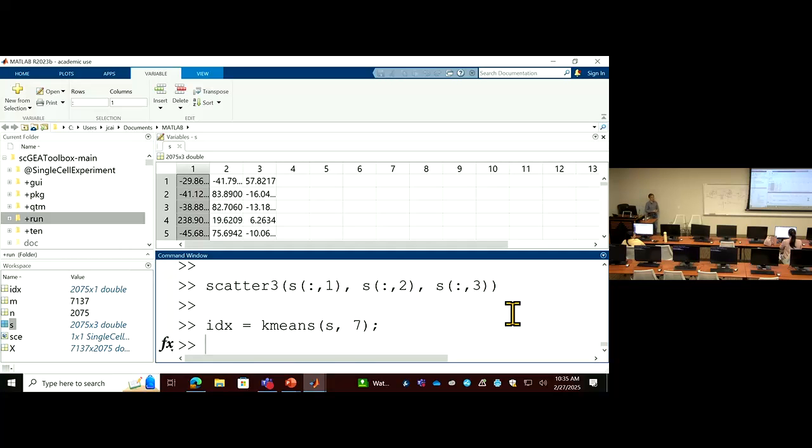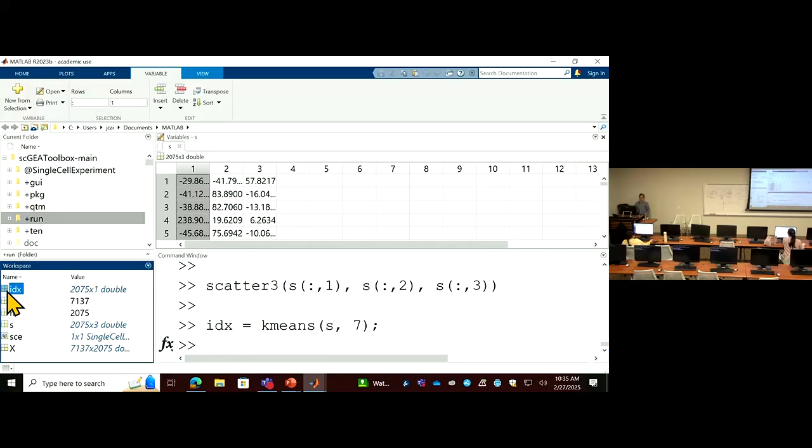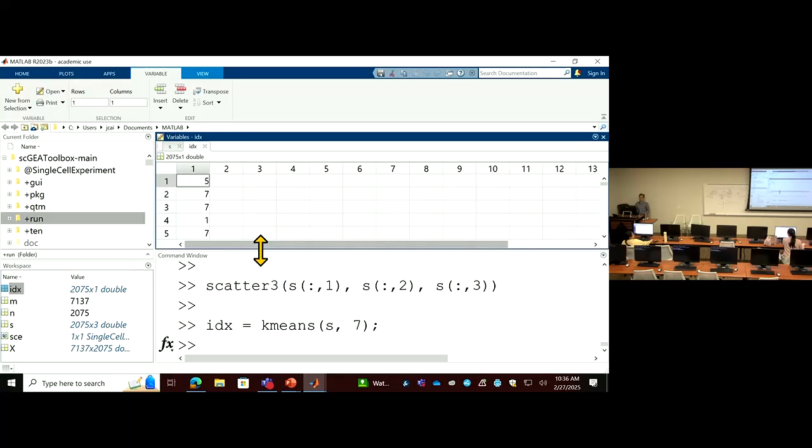It's done. If you finish this, you get a new variable called index, IDX. How long is this IDX? 2075. You can double click and see. The largest number in this index should be 7, and the smallest should be 1.